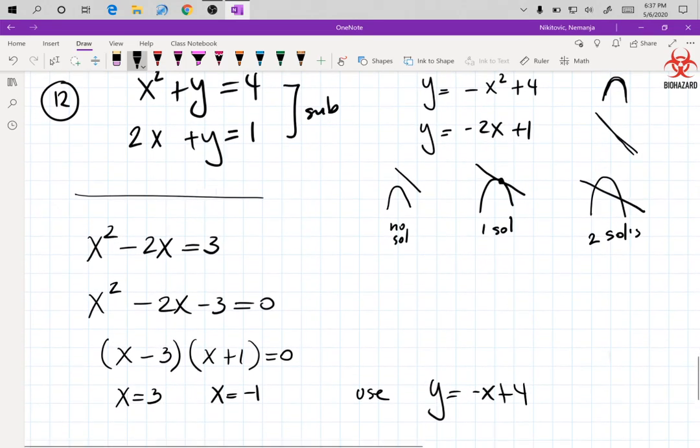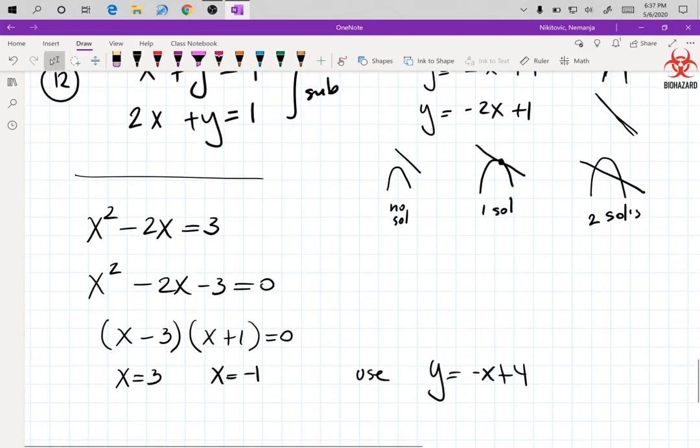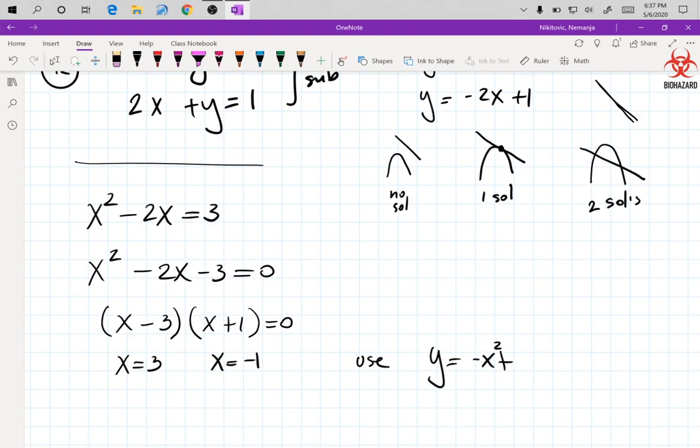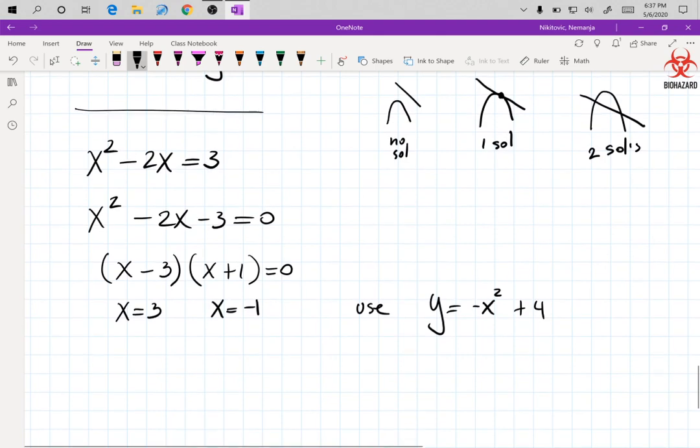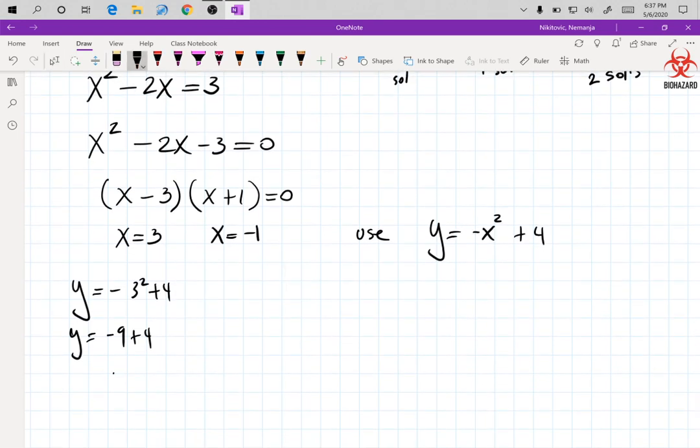No, that's x squared. You can use the other equation as well to get your y's. Y equals negative 3 squared plus 4. That's negative 9, plus 4, it's negative 5.